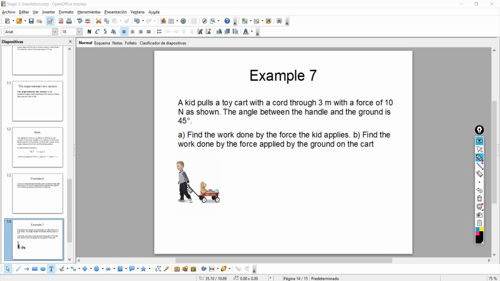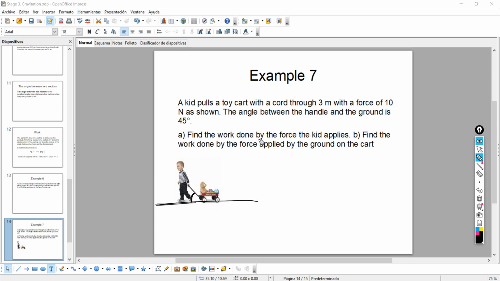The force that this kid is applying on the handle is 10 newtons. The angle between the handle and the ground is 45 degrees. So if you drew the ground, then this angle in here, the angle between the ground and the handle, is 45 degrees. Okay, and that's the whole context, guys. And then they're going to ask me some things.